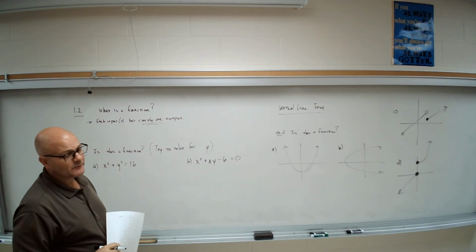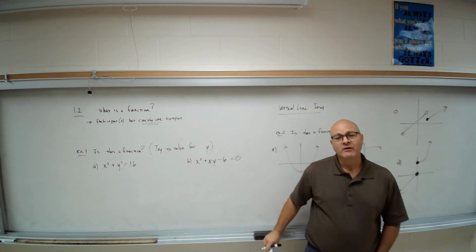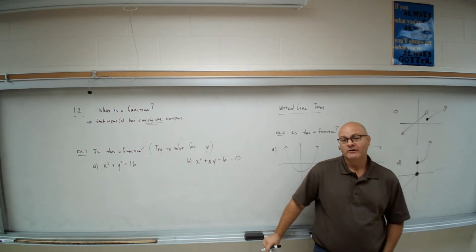So the biggest thing, kind of a fallback definition, is if I plug any number into this function, I'm only going to get one answer. If you ever plug it in and you get two possible answers, it's not a function, it's a relation.